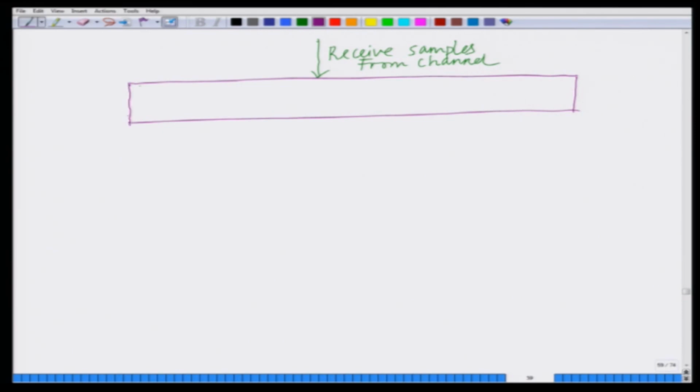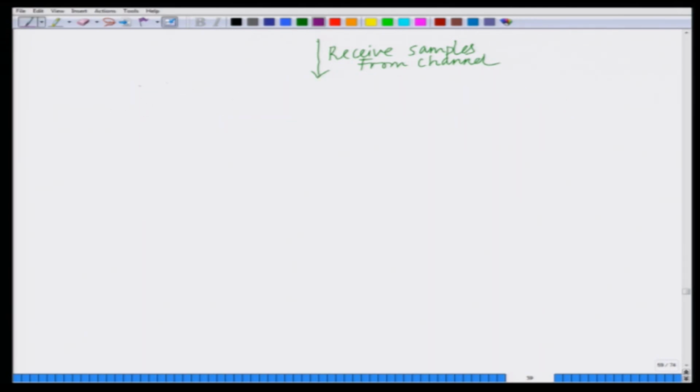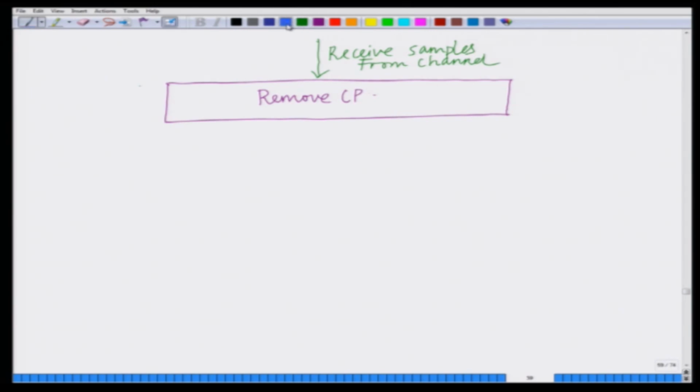What I am going to do is, first I am going to remove the cyclic prefix. This module is basically going to remove the cyclic prefix, because remember, the samples in the cyclic prefix are affected by inter-block interference.